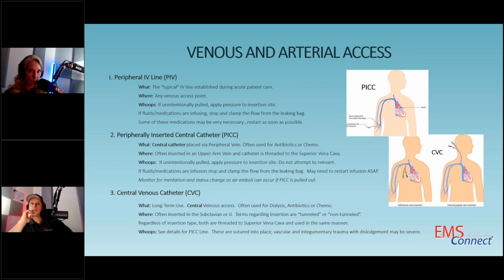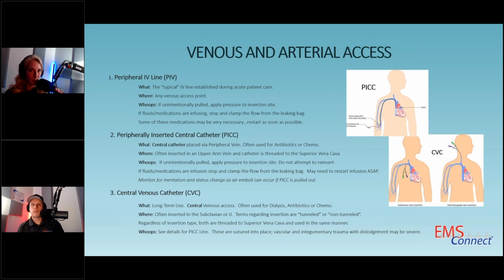So when you go to your patients on a scene call or an interfacility transfer and you see this PICC line, you're going to know that they're getting some continuous or chronic treatments or infusions. And so, side note, this is called a PICC line, a PICC. And sometimes a PIV, a peripherally inserted IV, can be called a PIC, peripheral inserted catheter.